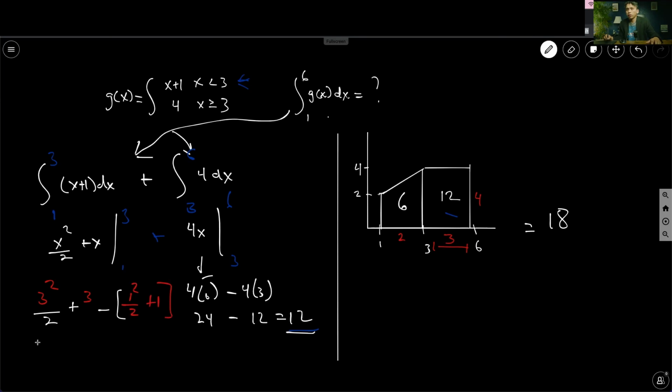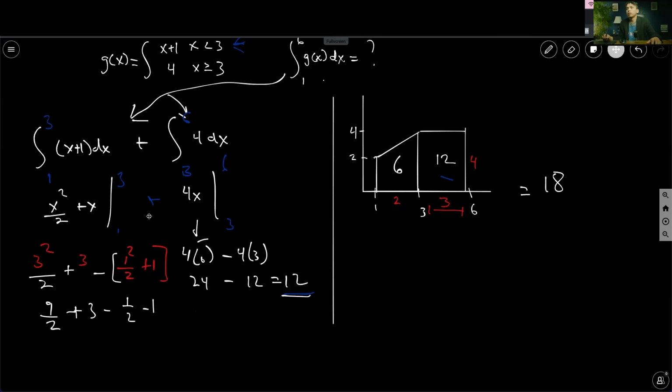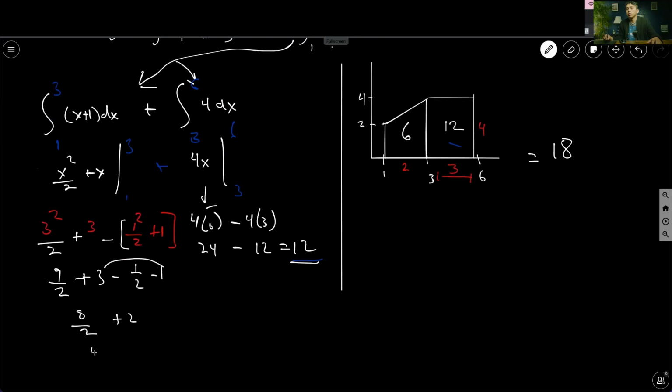Then in this case, we have 3 squared, 9 over 2 plus 3, minus 1 over 2 plus 1. So the 9/2 and the 1/2 becomes 8 over 2, and then the 3 and the 1 becomes plus 4. So 8 divided by 2 is 4, plus 2, this is a 6. And there we go, the same 6. So this is also equal to 18.